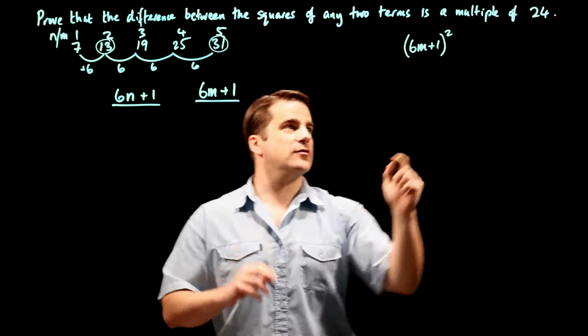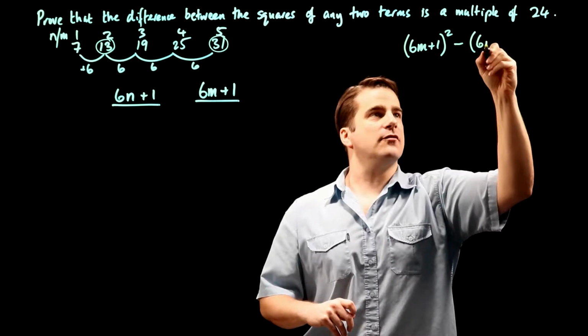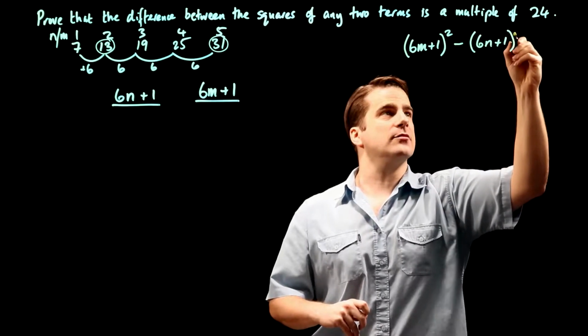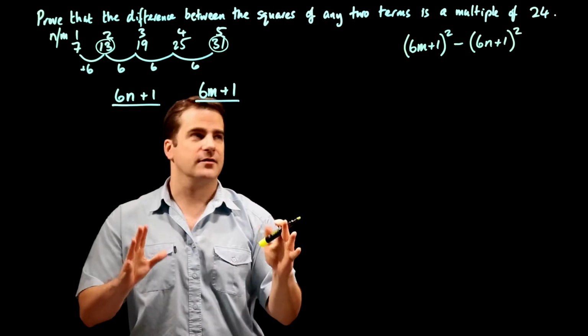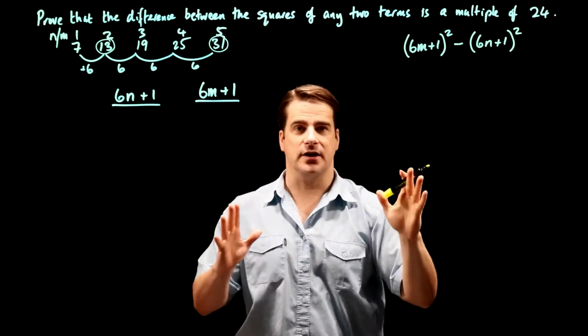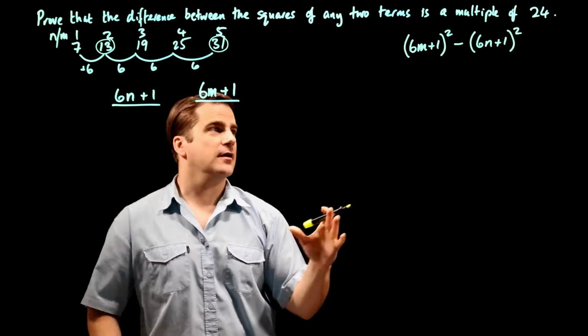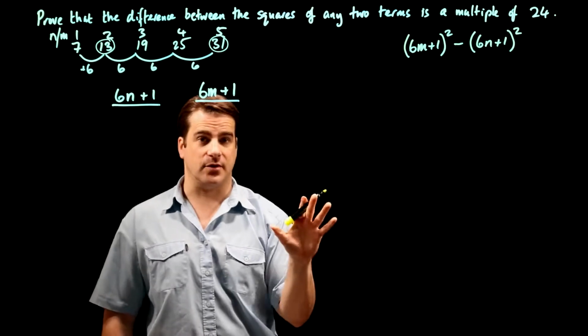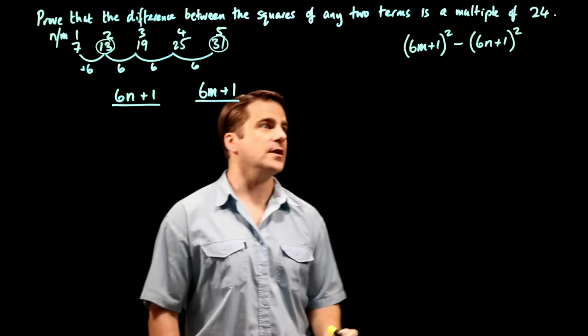The difference between the squares, difference means subtract the square of the other one, (6n plus 1) squared. Okay? Great. We've got our expression for the difference between the squares of any two terms. So already we've got quite a few marks in this question. Even if we don't get full marks, that's a good achievement.